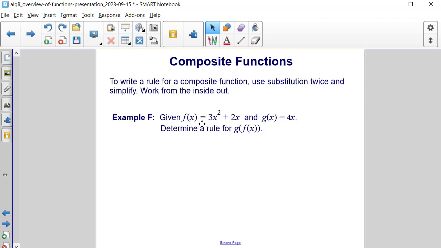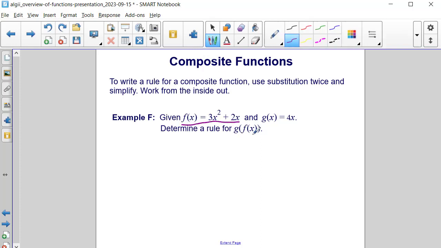We are given that f of x is equal to 3x squared plus 2x, and that g of x is 4x. Determine a rule for g of f of x. So we need to first start with f of x. So f of x is equal to 3x squared plus 2x.